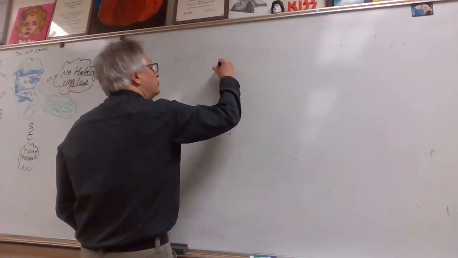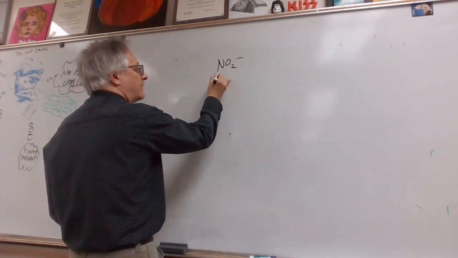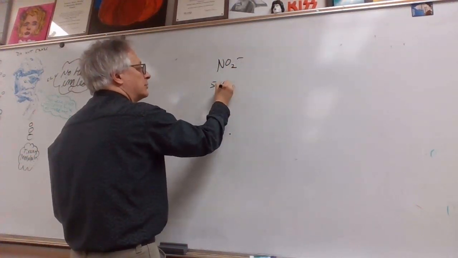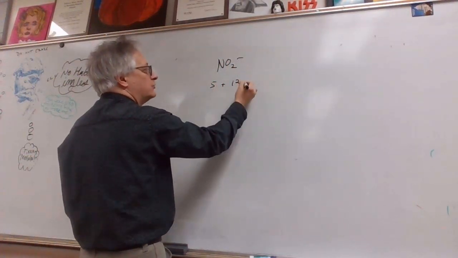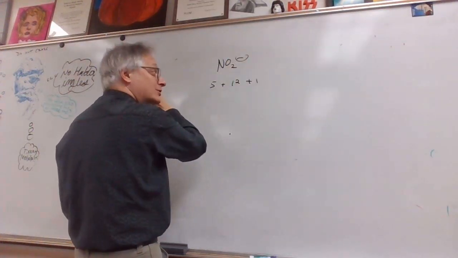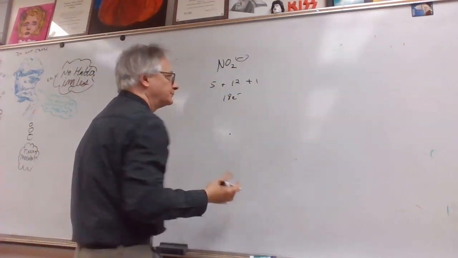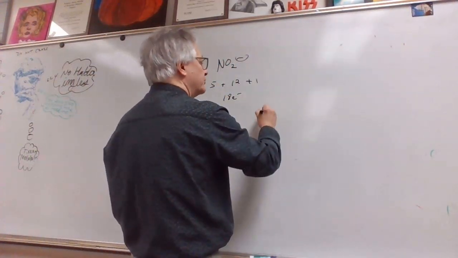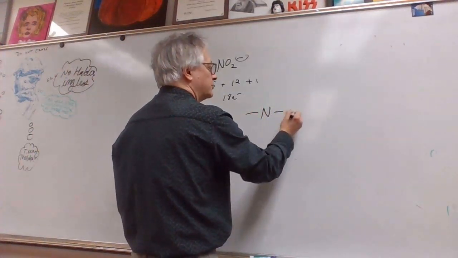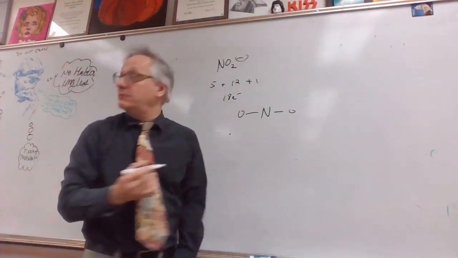So nitrite has 5 electrons plus 12 electrons, 2 from the oxygen, plus 1 electron for the charge. So it's a grand total of 18 electrons. Okay, no big deal. Let's put our nitrogen in the center, our oxygens on the outside, and then I've used 2, 4 electrons.